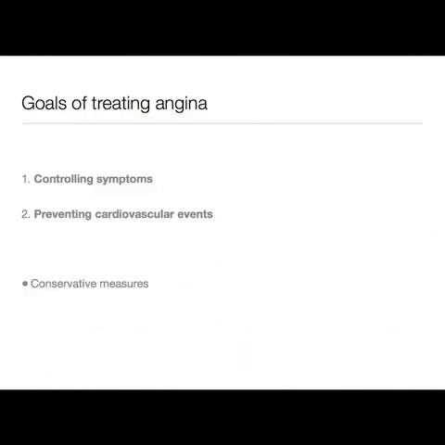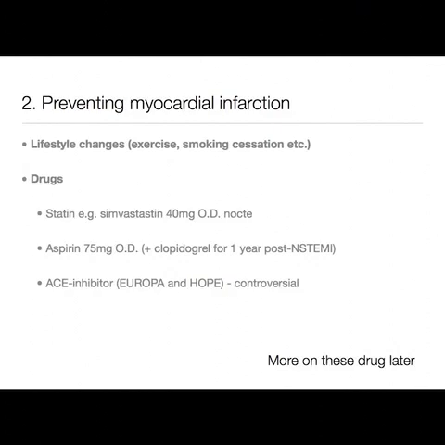So lastly, let's talk about preventing cardiovascular events. The first step in preventing adverse events in patients with angina is education and lifestyle modification. This includes measures such as smoking cessation, increased exercise, and diet modification. In addition, 3 drugs or groups of drugs are prescribed as they have been shown in large multi-center trials to be of prognostic benefit in high-risk patients.